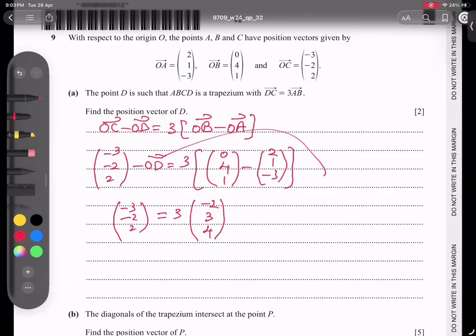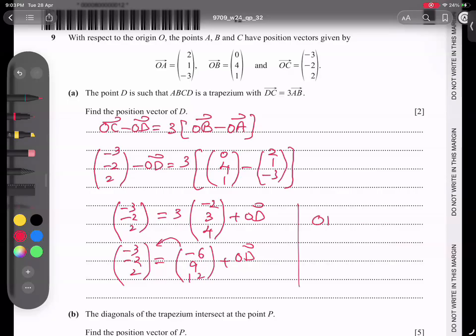This OD will go on the right hand side. This 3 multiply inside, I got what? Negative 6, 9, and 3 4s are 12 plus OD. And this value as it is, and now this value will subtract from here. If I subtract, I can write directly the answer. So negative 6 and negative, negative, positive, we got a 3.